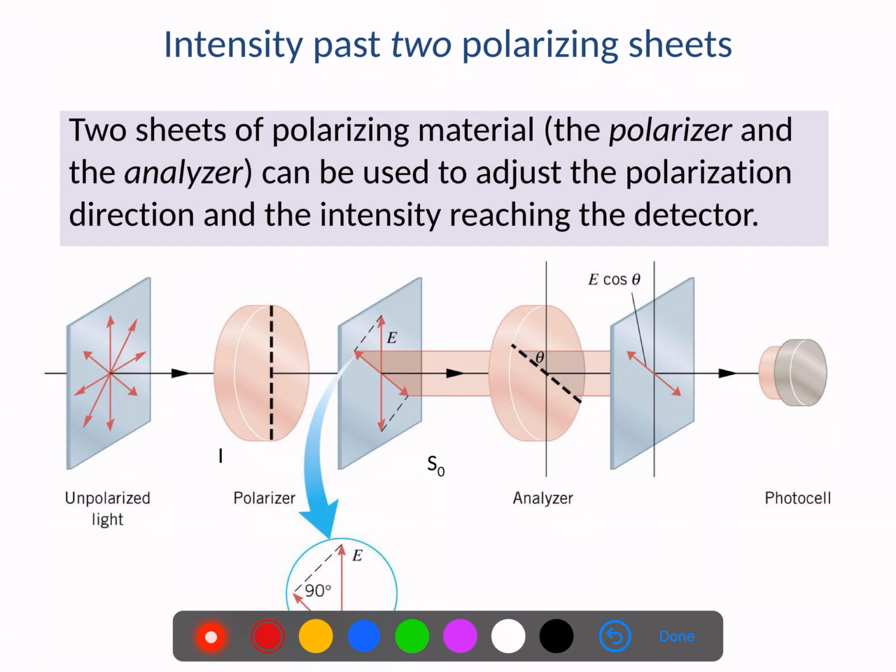So although this now linearly polarized light should be aligned up and down in this cartoon, you would think then that none of it should get through this analyzer or this polarizing material that's oriented in a different direction other than up and down, but it's still got some component in that direction, unless of course it's perpendicular. And so it's only that component that's going to get through the analyzer.